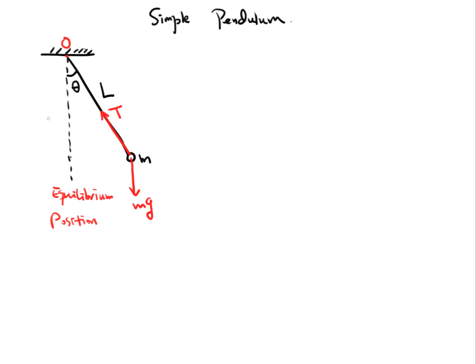Okay. Now let's define a direction along the string direction. We define it as the radial direction, which is r hat. R hat is the unit vector along the radial direction.